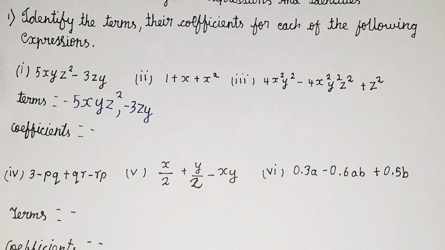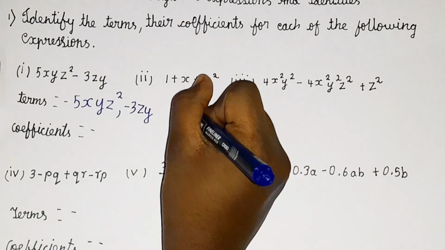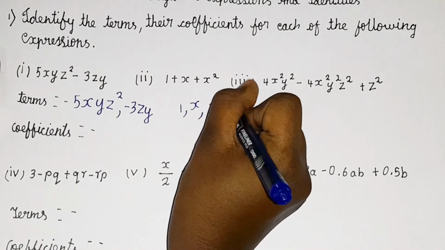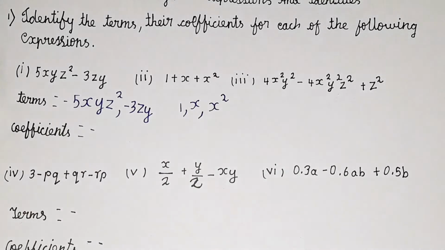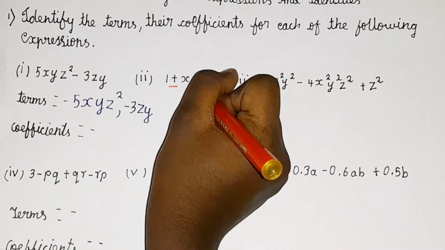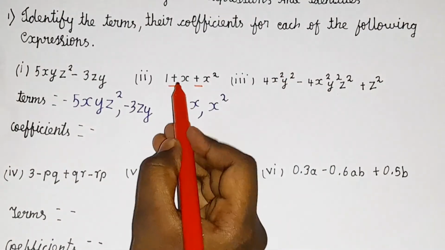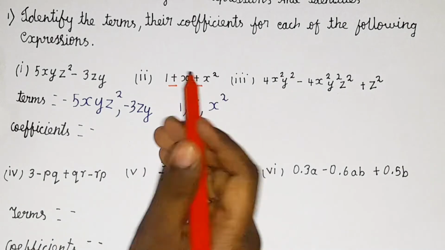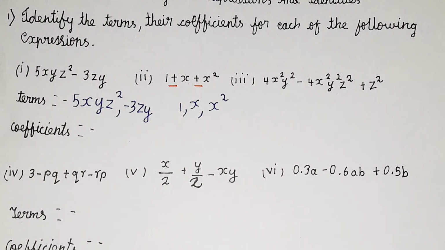For the second one, what are the terms? The terms are 1, comma, x, comma, x square. How do I know? Because it is split by the symbols. First the 1 is split, next the x is split, next the x square is split.